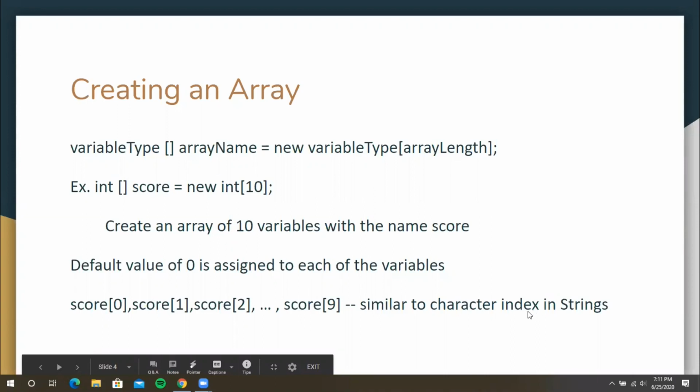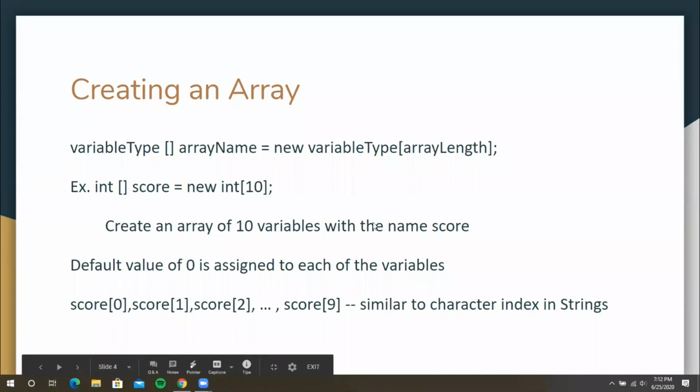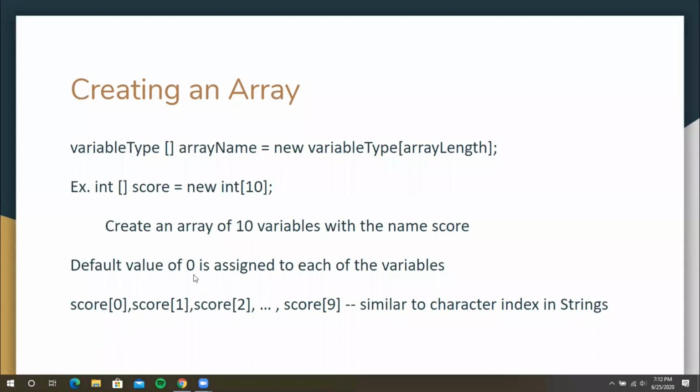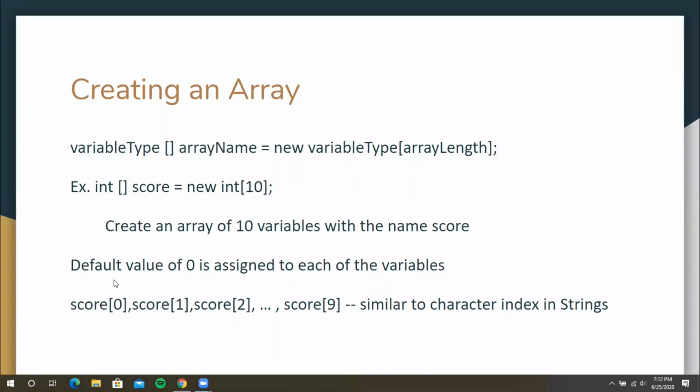It goes from 0 to the array length minus 1. So for example, above, we have an array with 10 variables, so it'll go from 0 to 10 minus 1, 9. If you count 0, 1, 2, 3, 4, 5, 6, 7, 8, 9, there will be 10 variables within the score array that we created.